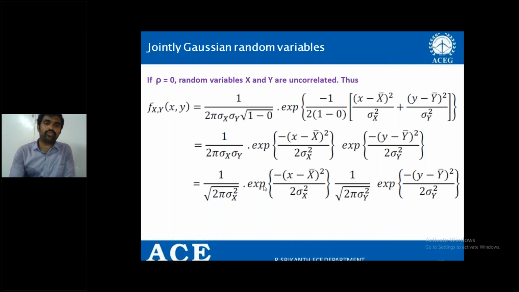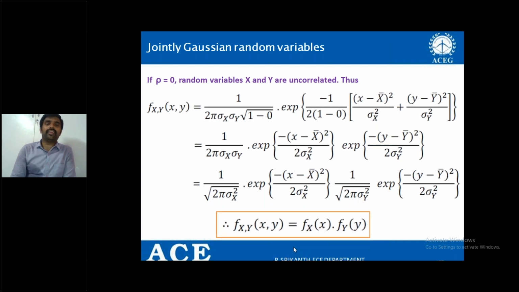Are you able to recognize the two terms here? Yes, exactly. The first term is nothing but the Gaussian density function of the random variable x. Similarly, the second term is the Gaussian density function of the random variable y.